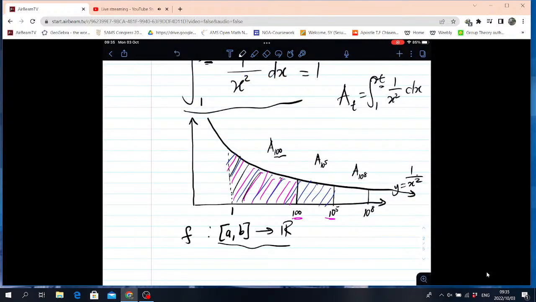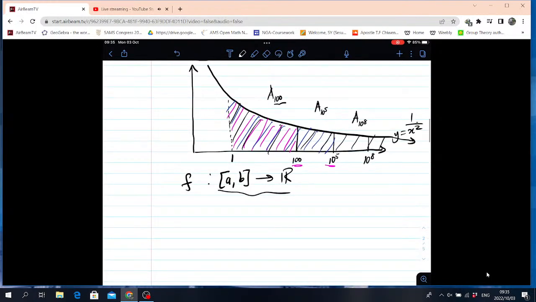and you'd actually realize that as t gets bigger, we are getting closer to the actual integral, right? If we continue like that, then we are getting closer to 1.